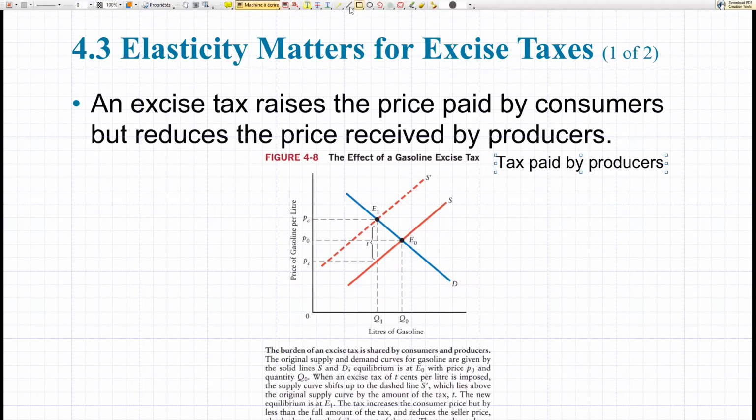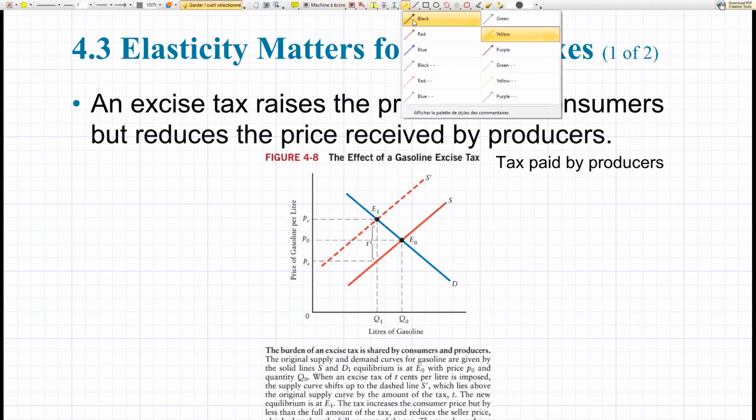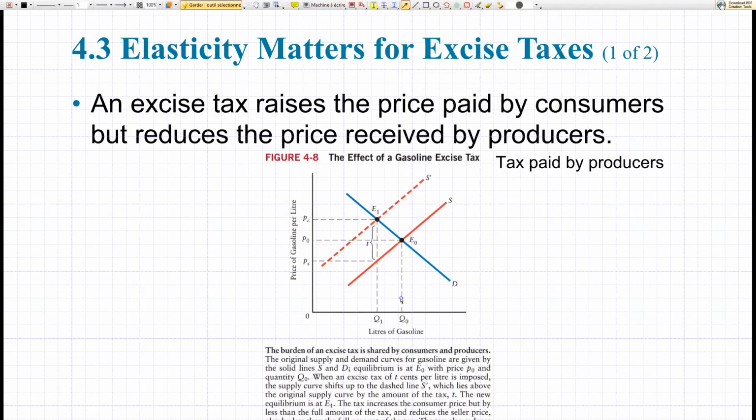I'm going to show you that it's exactly the same if, instead of charging the producers, I charge the consumers. This means the consumers take the entirety of the tax because they pay the normal price plus the price of the tax.